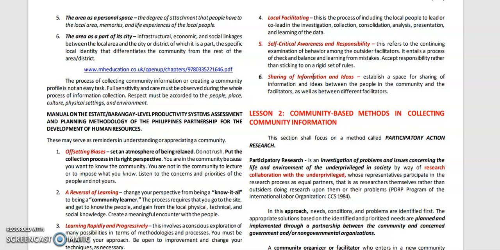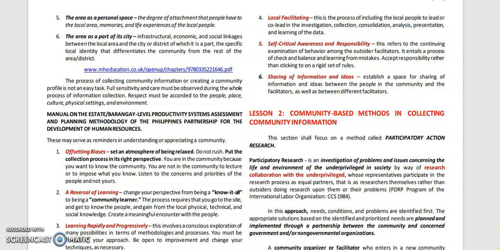So, simultaneously, tuloy-tuloy yung pag-examine doon sa behavior ng mga outsider facilitators. And, kumbaga, you're going to check and balance. So, alamin natin kung ano ba yung mga mistakes, ano ba yung kinakailangang i-improve. Okay? And you have to accept the responsibility, of course.